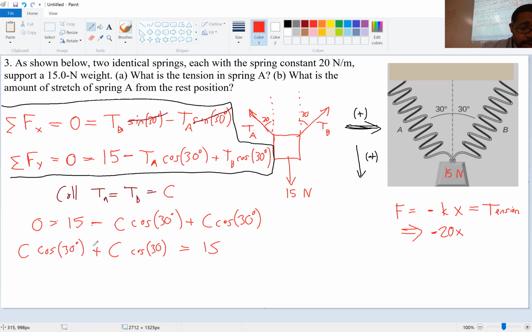And I can factor out cosine of 30 and then divide everything by cosine of 30.